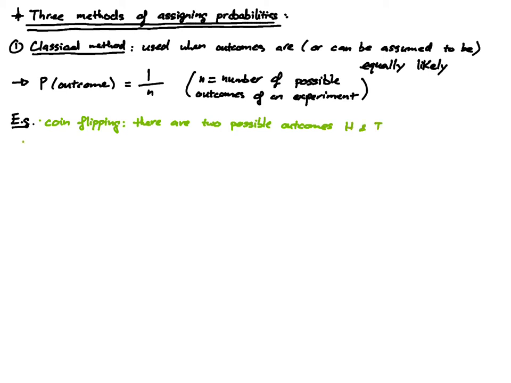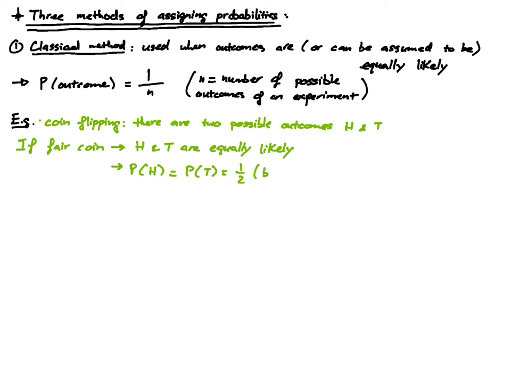So now if the coin that we flip is a fair coin, then head and tail are equally likely to appear. And so the probability of getting a head, which is equal to the probability of getting a tail, is going to be equal to 1/2. And this is because there are two possible outcomes of this experiment.